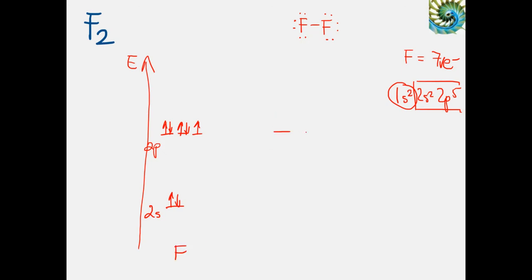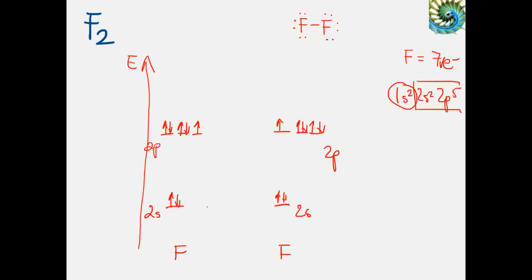On the other side of this structure, we have another fluorine, 2s, 2p. And there are 2 electrons here, and 1, 2, 3, 4, 5. The orbitals with the same energy will interact with one another here.